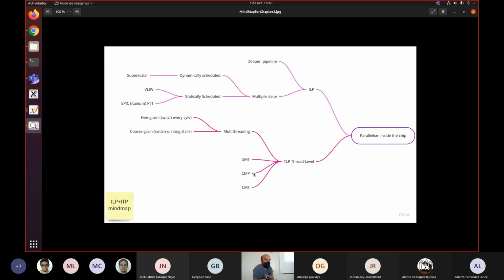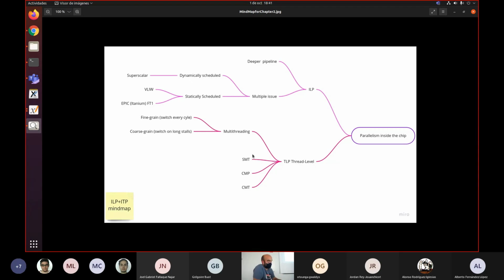And then we have more special architectures like the CMP and the CNT, that were not so successful, and probably most of what you are going to find is an instruction level, multiple issue, dynamically scheduled superscalar processor with thread level parallelism using simultaneous multithreading. This is the state of the art of computer architecture.